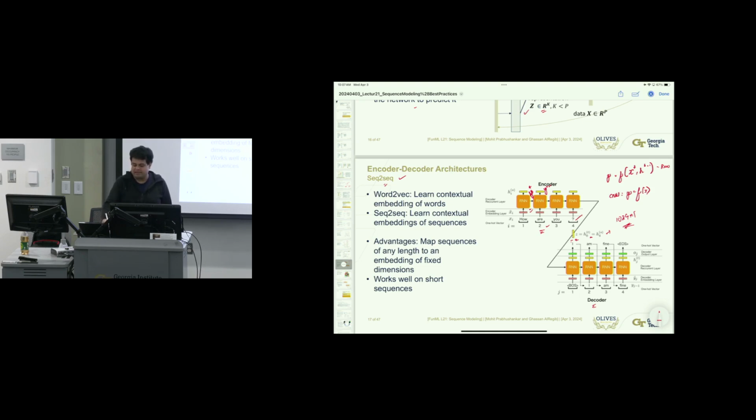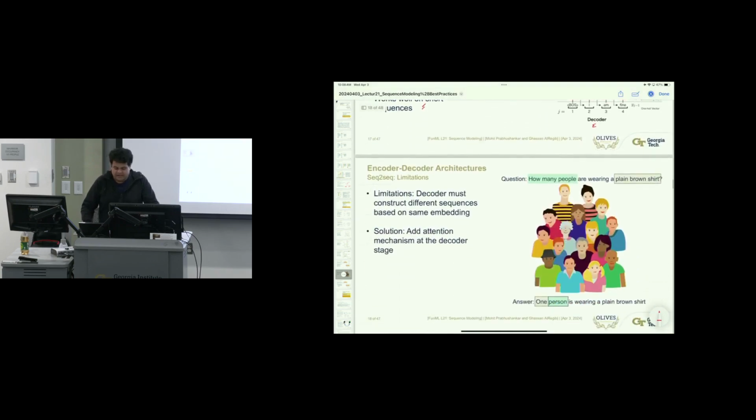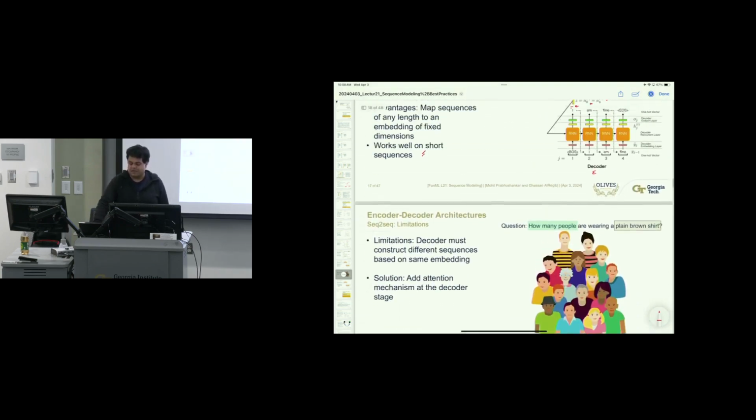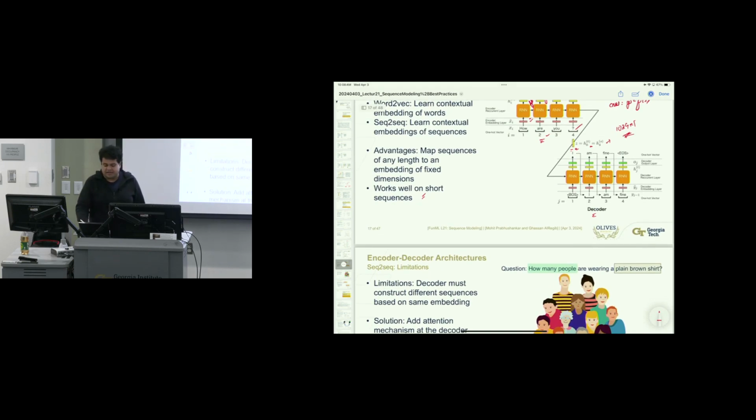While these encoder-decoder architectures are good in terms of generating sequences, usually you're limited to short sequences. That is the main limitation, which is that the decoder must construct, even in this particular case, when you're constructing your output, let's say I am fine, maybe your 1024 cross 1 is insufficient in order to construct this output or sequence.